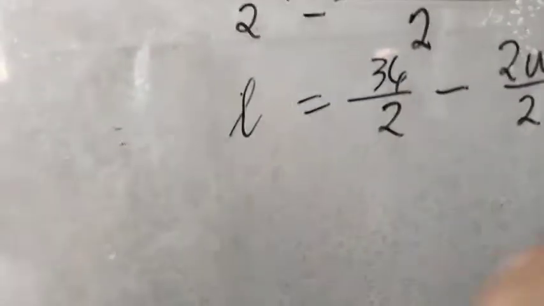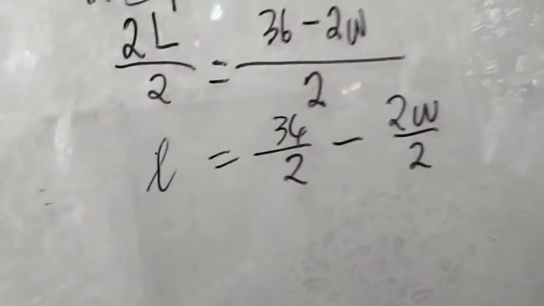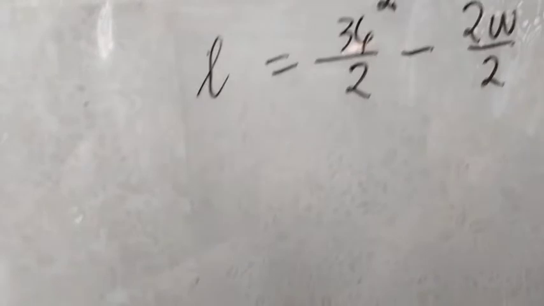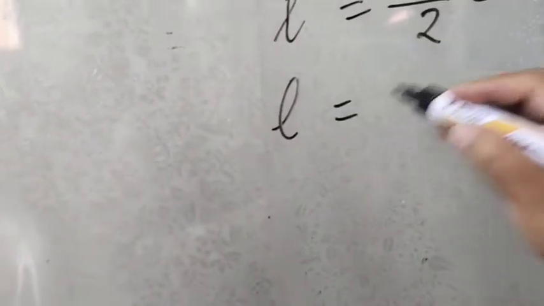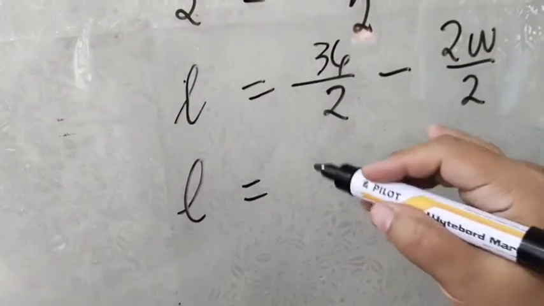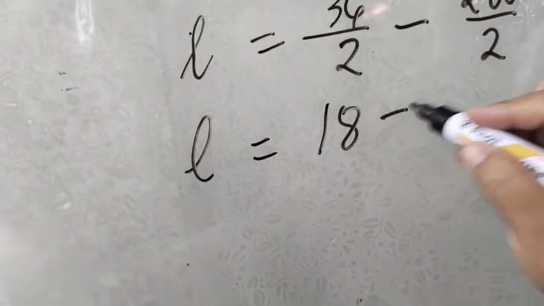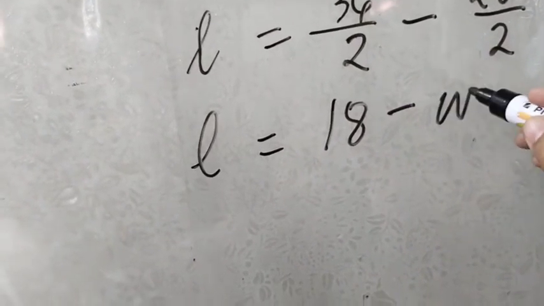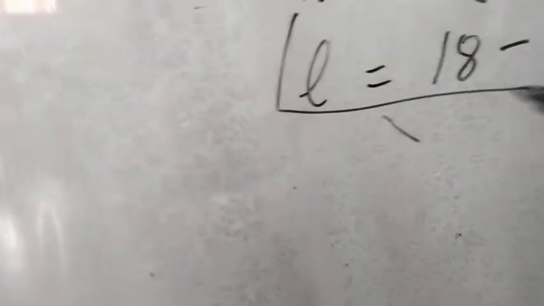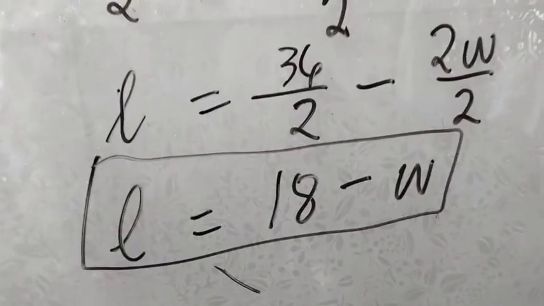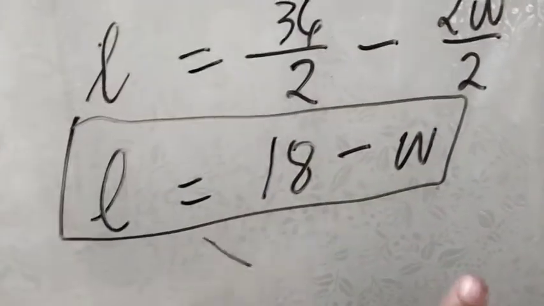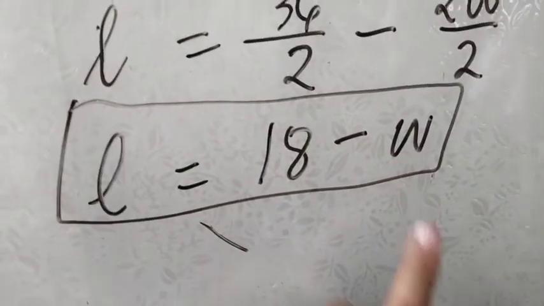Next. Simplify na natin. Therefore, your L is equal to 36 divided by 2 is 18, and 2W divided by 2 is negative W. So, meron na tayong L, pero hindi pa siya yung ating final dimension kasi meron pa tayong variable na nawawala.